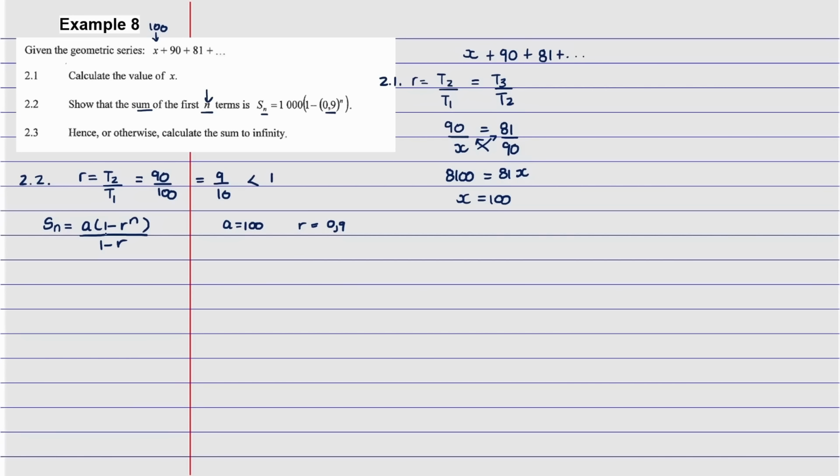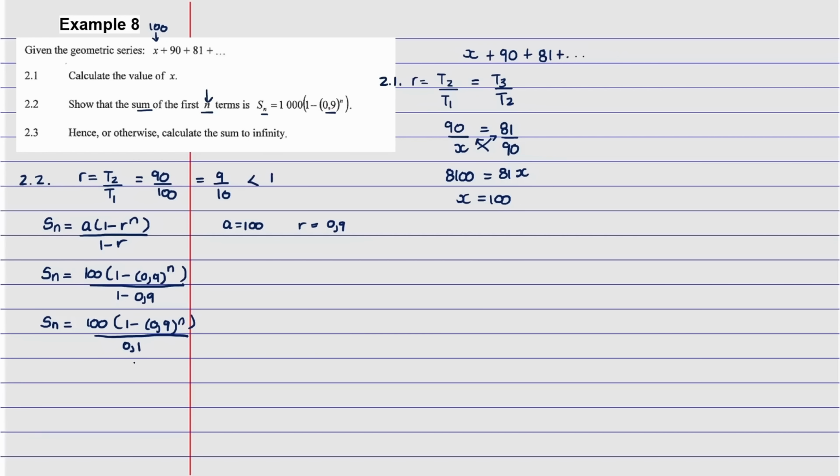Let's substitute a and r. So Sn is going to be equal to 100, open bracket, 1 minus 0.9 to the power n, and this whole thing is going to be divided by 1 minus 0.9.